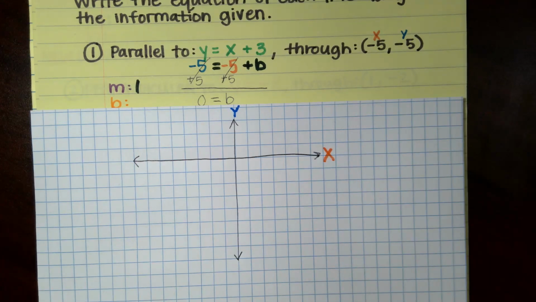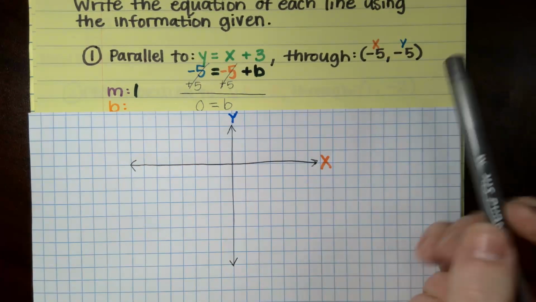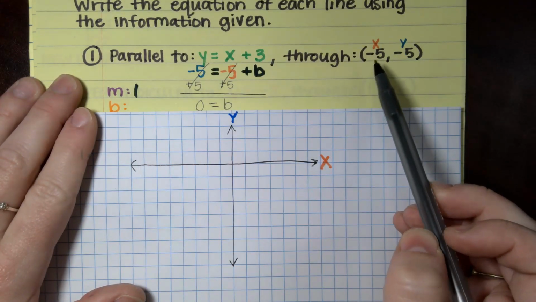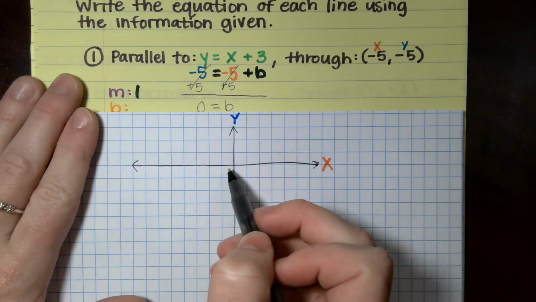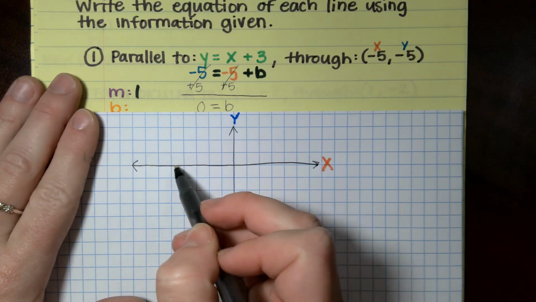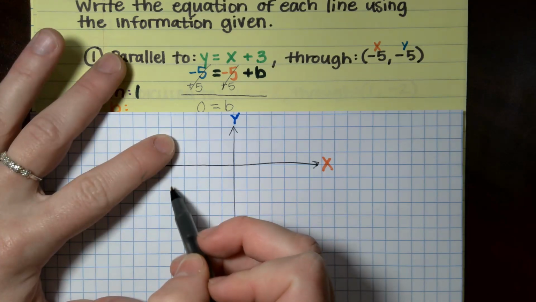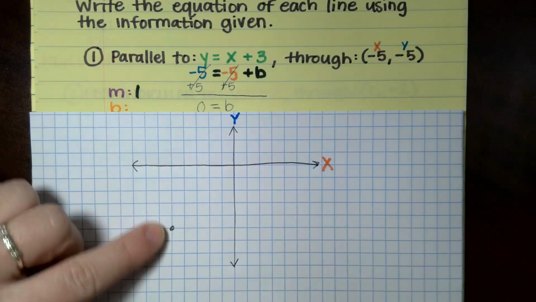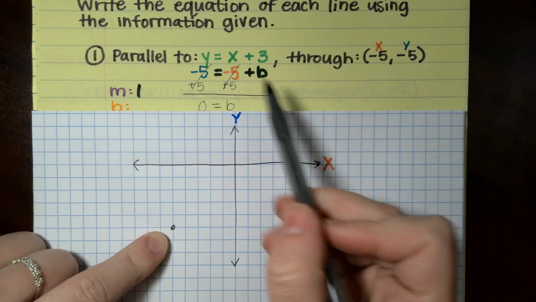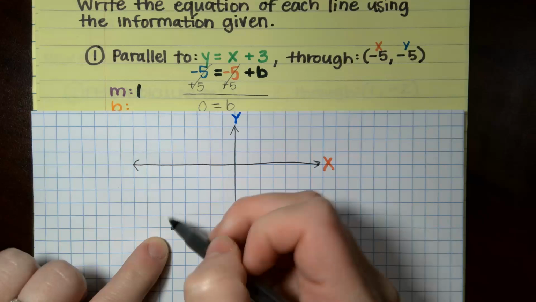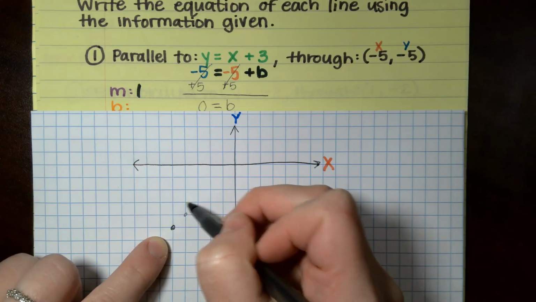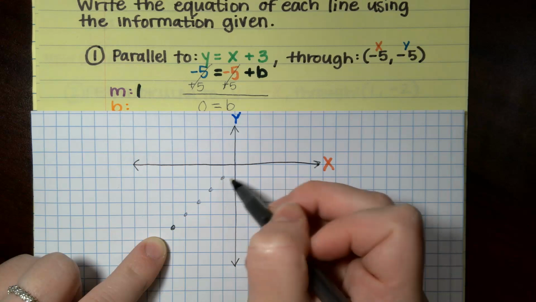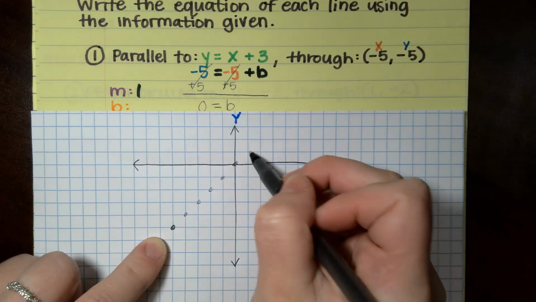Okay, so we were told that it goes through -5, -5. So I'm going to go over 1, 2, 3, 4, 5, down 1, 2, 3, 4, 5. So it goes here. And our slope is 1. So I go over 1, up 1, over 1, up 1, over 1, up 1, over 1, up 1. I'm doing it backwards, but same thing.